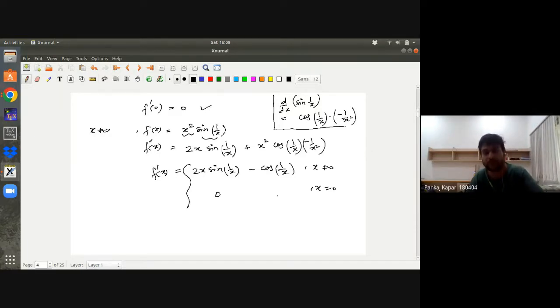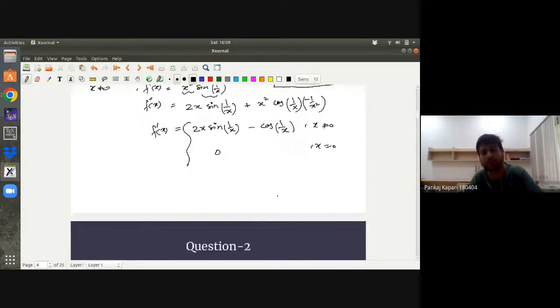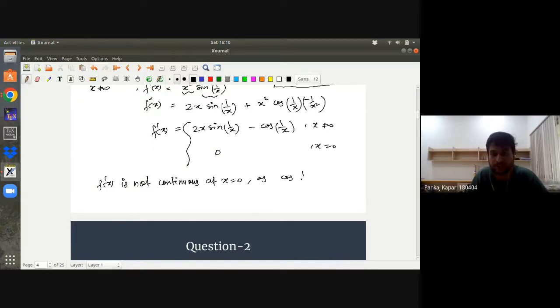Now you can see that this function is not continuous. Why? F prime x is not continuous at origin, at 0. Why? Because since this part cos of 1 by x is not continuous.